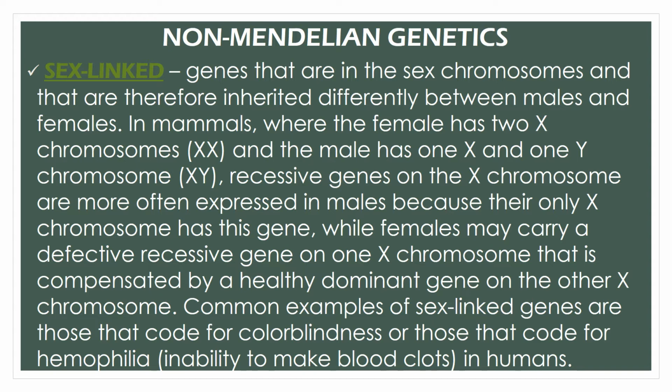Common examples of sex-linked genes are those that code for color blindness or those that code for hemophilia, or the inability to make blood clots in humans.